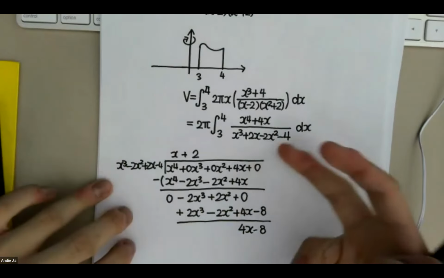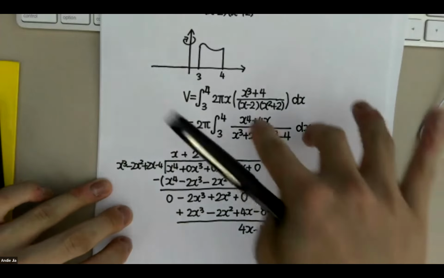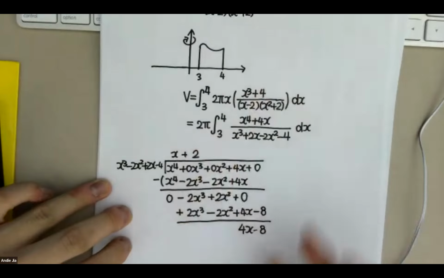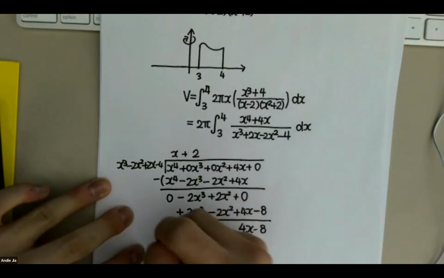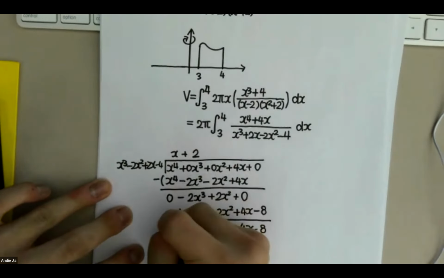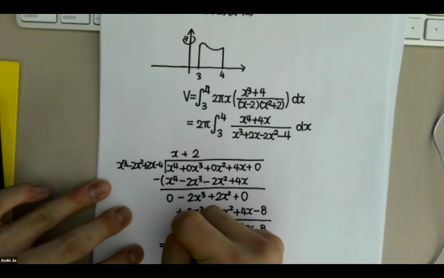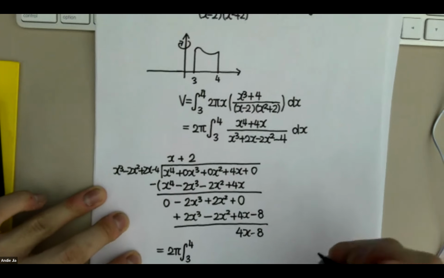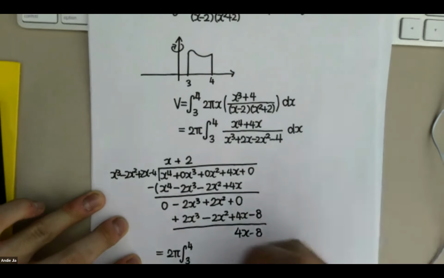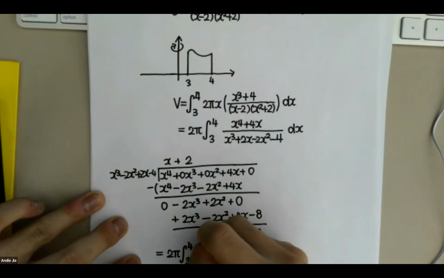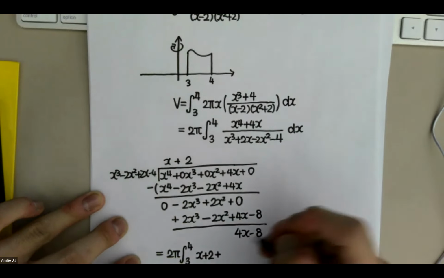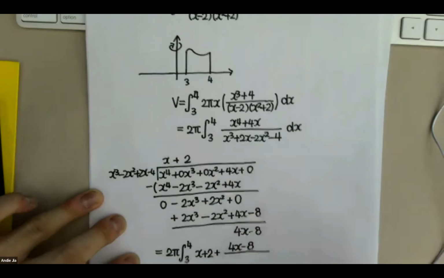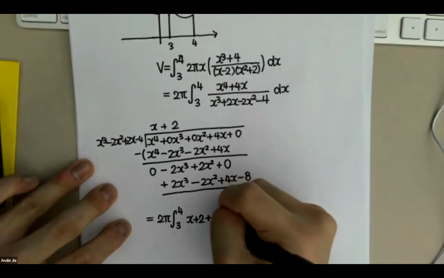Wow. Then when we do the integral, follow along again. Over the cubic, we have x plus 2 and plus 4x minus 8 over this messy integral.